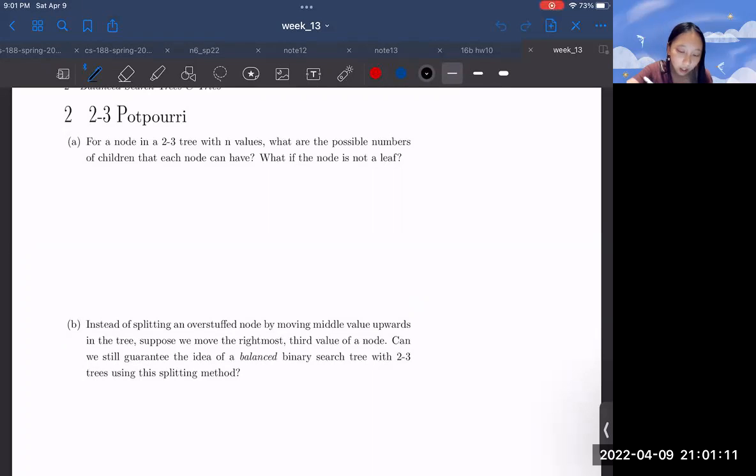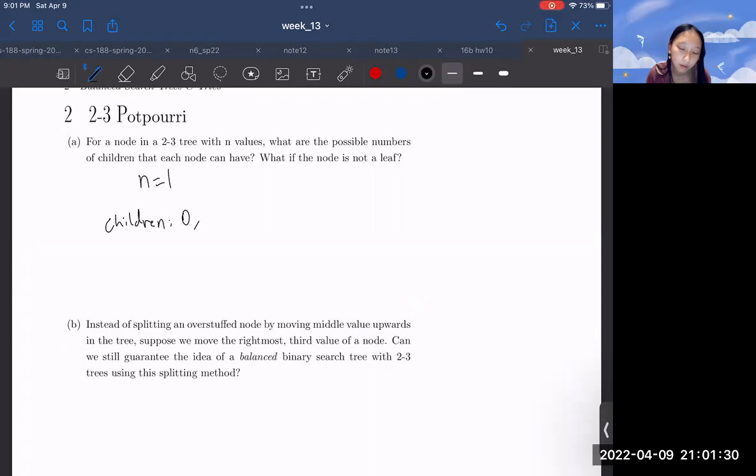For the first case, the node contains one value. If it contains one value, it can be a leaf node, which means it has 0 children. I'm going to say children equals 0.